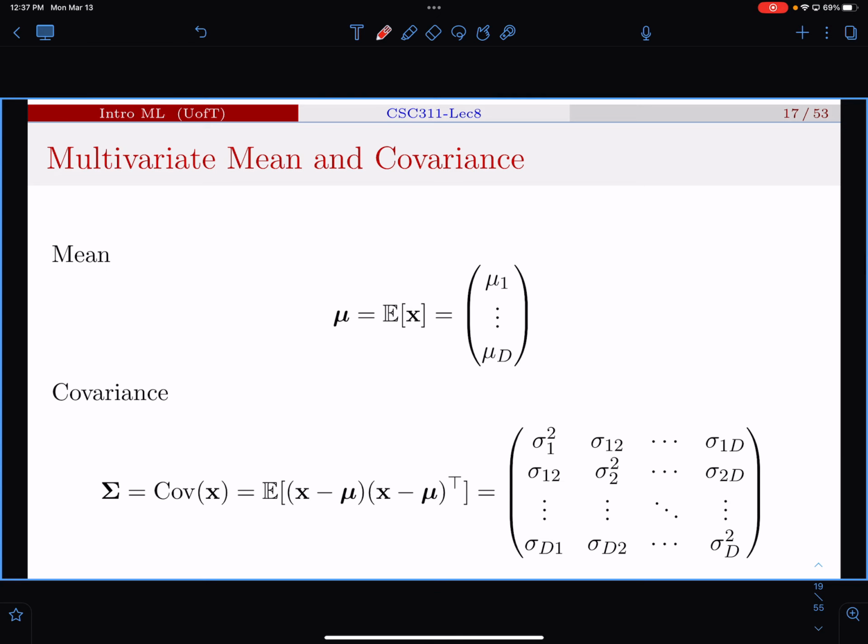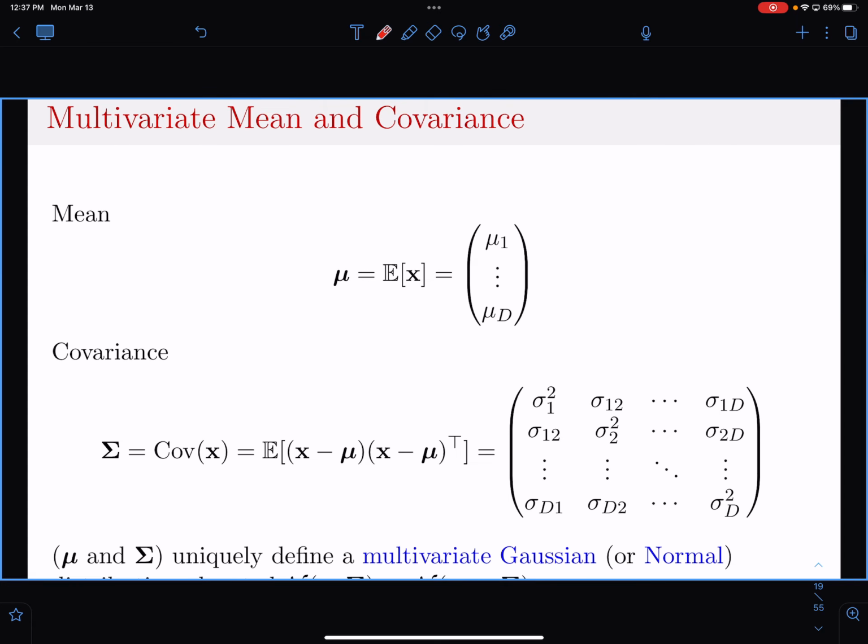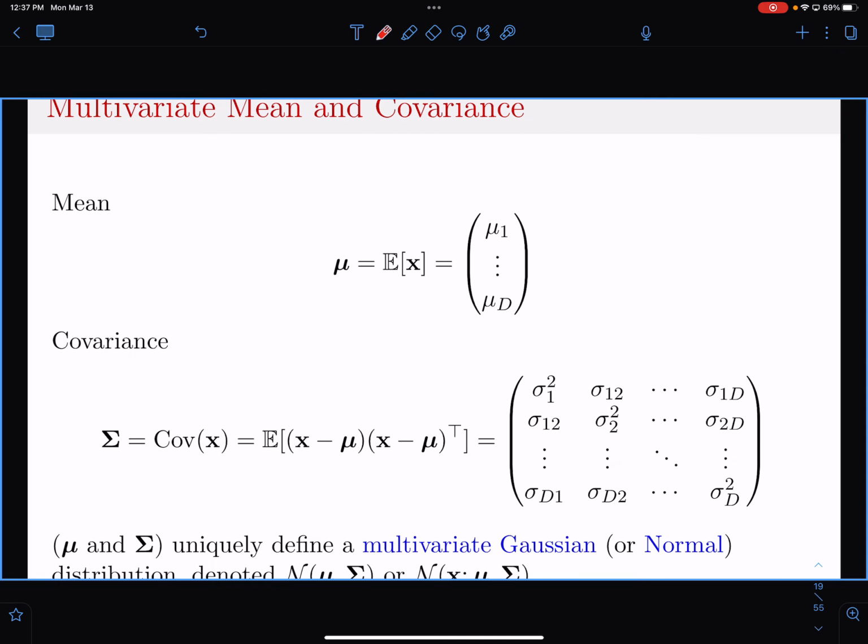If we're dealing with multiple variables, we instead use vectors to represent our mean and covariance matrices. The mean is defined to be the expected value of our random vector, so it's mu1 through mu d. And the covariance we write out as this outer product between x minus mu and x minus mu transpose.